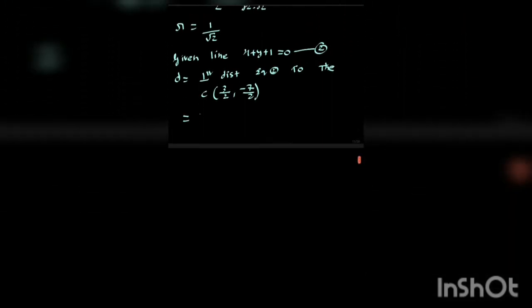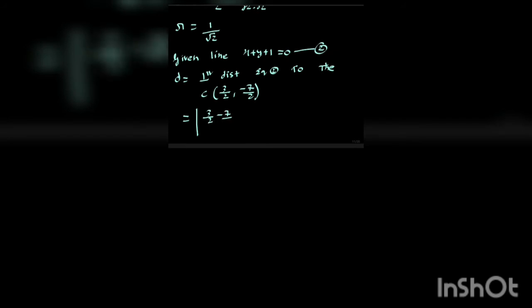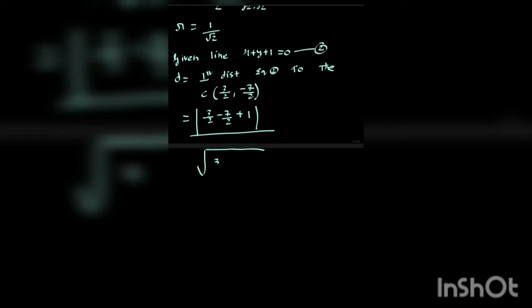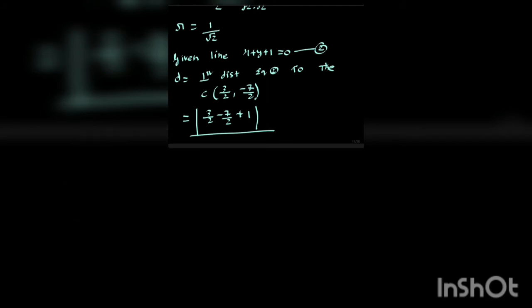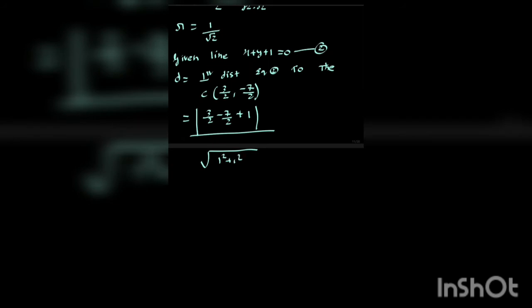So substitute. So A, B and C all are 1. So 3 by 2 minus 7 by 2, and C is 1, whole by root over A square plus B square, that is 1 square plus 1 square.